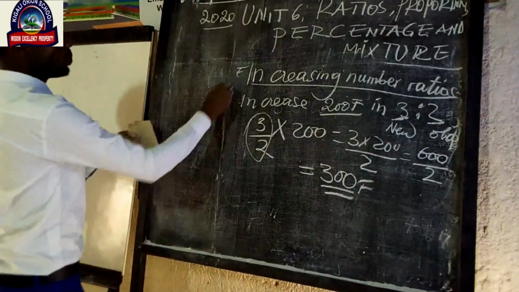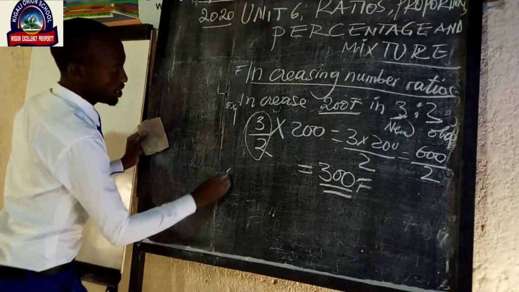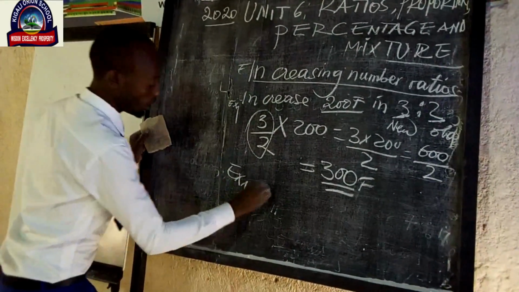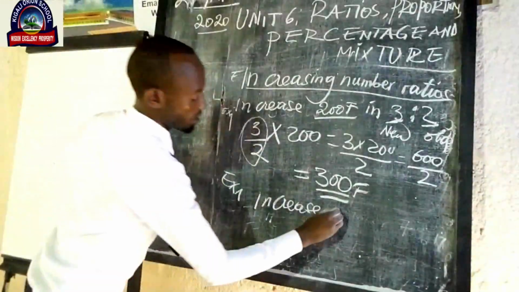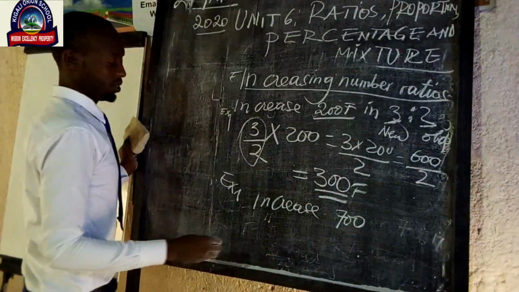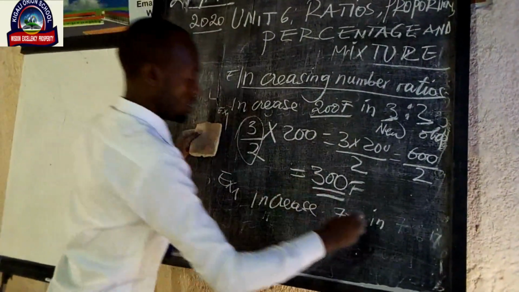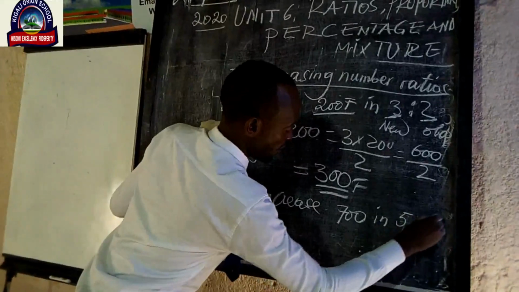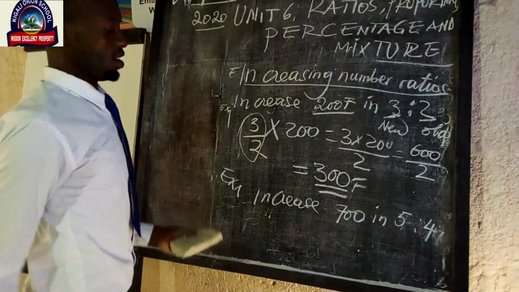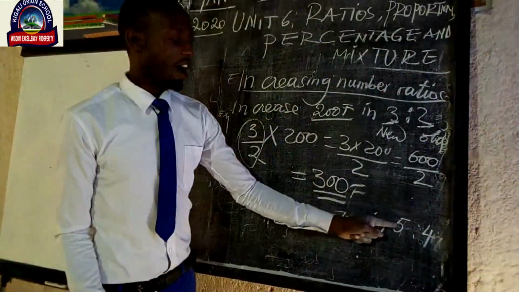Let's get example number 2. This is example 1. This is example number 2. Increase 700 in 5 4. 700, that is a number in 5 4.